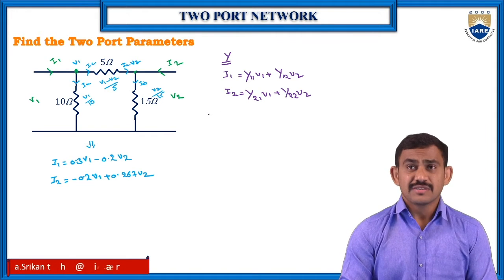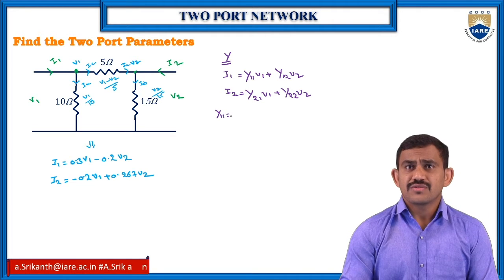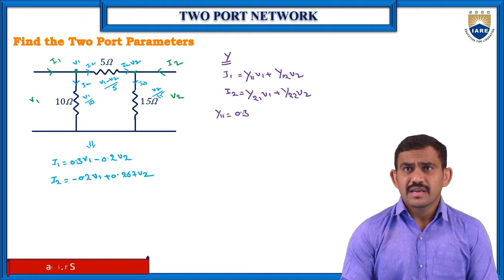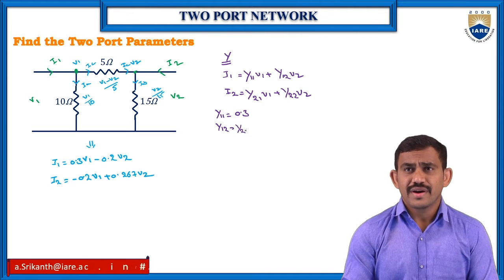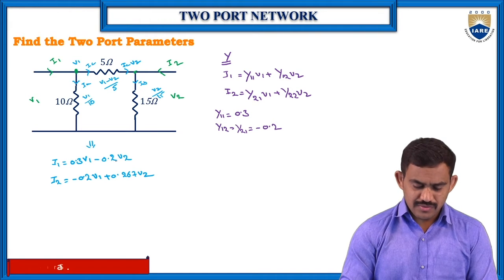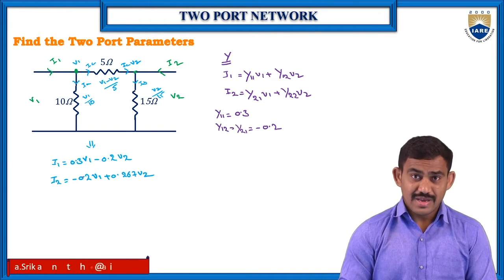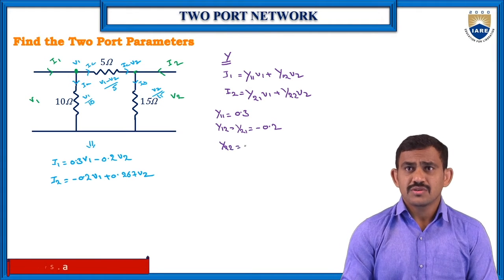Then write the equation: Y11 equal to 0.3, and Y12 as well as Y21 is equal to minus 0.2, since V2 and V1 both appear in minus form. Lastly, Y22 is equal to 0.267.